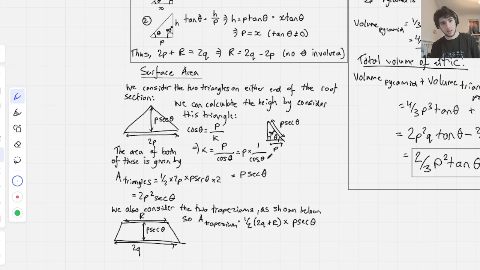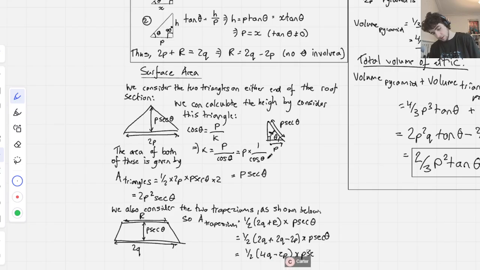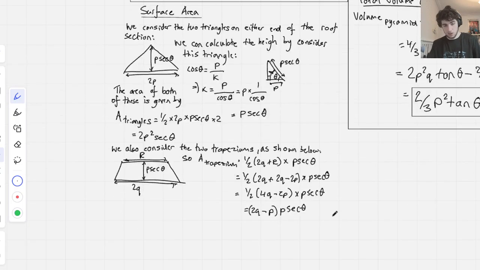And then we can fill in what r is, because we already know what that is. r is literally just 2q minus 2p. And we multiply that by p sec theta, and so this ends up giving us a half times 4q minus 2p times p sec theta, which just gives us 2q minus p multiplied by p sec theta. So that is the area of our trapezium.